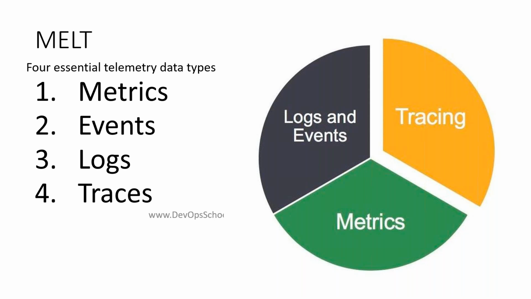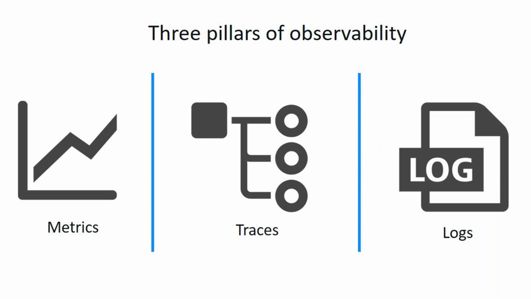That's for observability. If you want to set up observability, you have to have metrics in place in your system, and traces and logs, everything should be in one place, so you can set up observability.